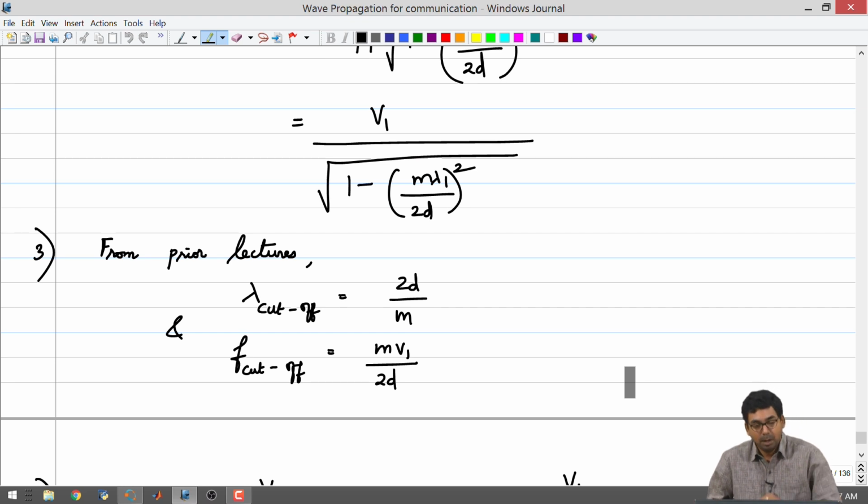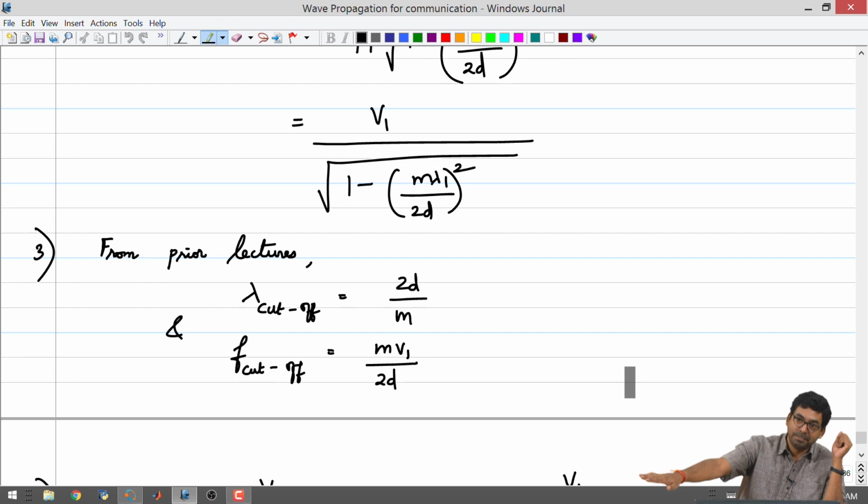What I understand from this expression is that the cutoff frequency is inversely proportional to the separation, which means that if I increase the separation between the 2 plates, frequencies which were not passed before should start passing. So, your cutoff frequency has to reduce.